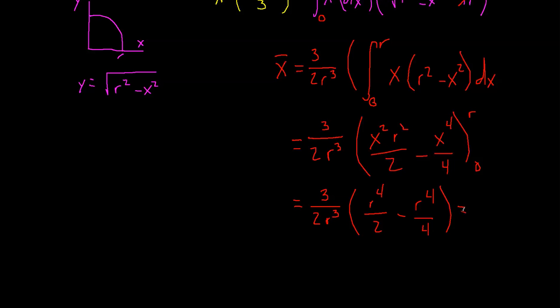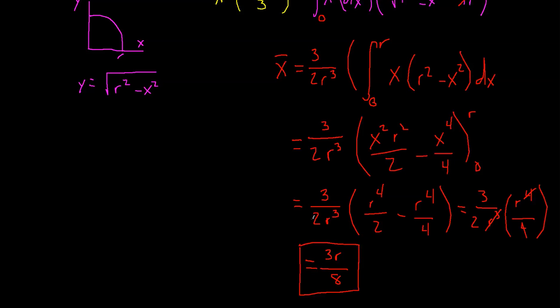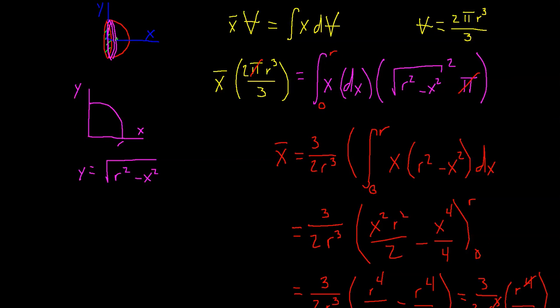That's awfully convenient. We get 3 halves r cubed times r to the 4th over 4, and with r to the 4th on top and r cubed on the bottom, that brings us to 3r over 8. So the location of the centroid in the x direction is 3 times the radius divided by 8, or 3/8 the radius.